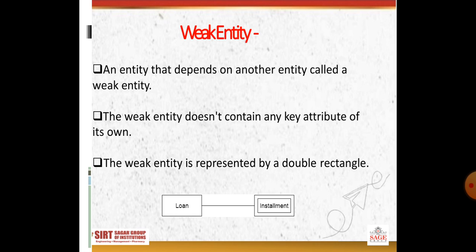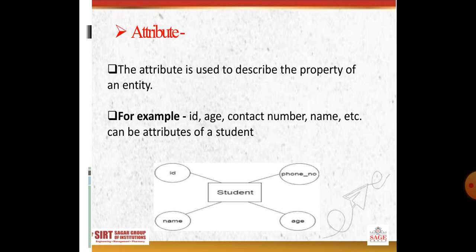The weak entity doesn't contain any key attribute of its own, and basically this weak entity is represented in ER diagram in form of rectangle. Like here in the given below diagram, installment is defined as a weak entity. Then attribute.